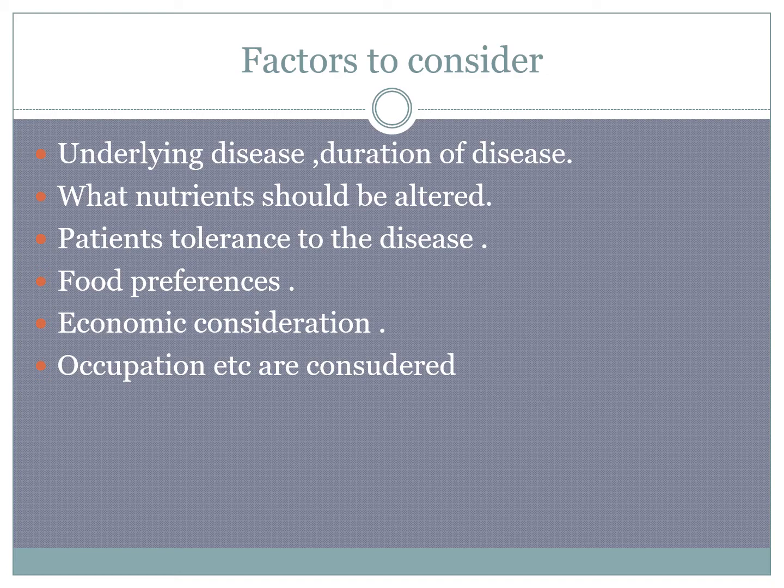And what nutrients need to be altered: if it is obesity, we avoid certain things, make it low in calories, high in protein, and high vitamins and minerals need to be added. In that way, we decide disease-wise what nutrients need to be changed or altered, and how they are tolerating that particular diet and disease.